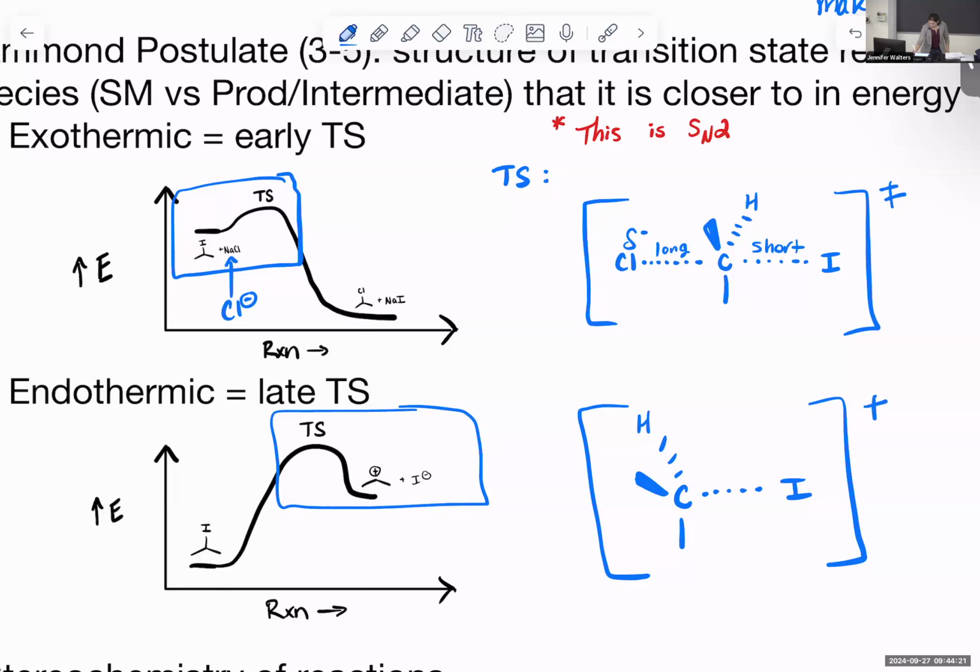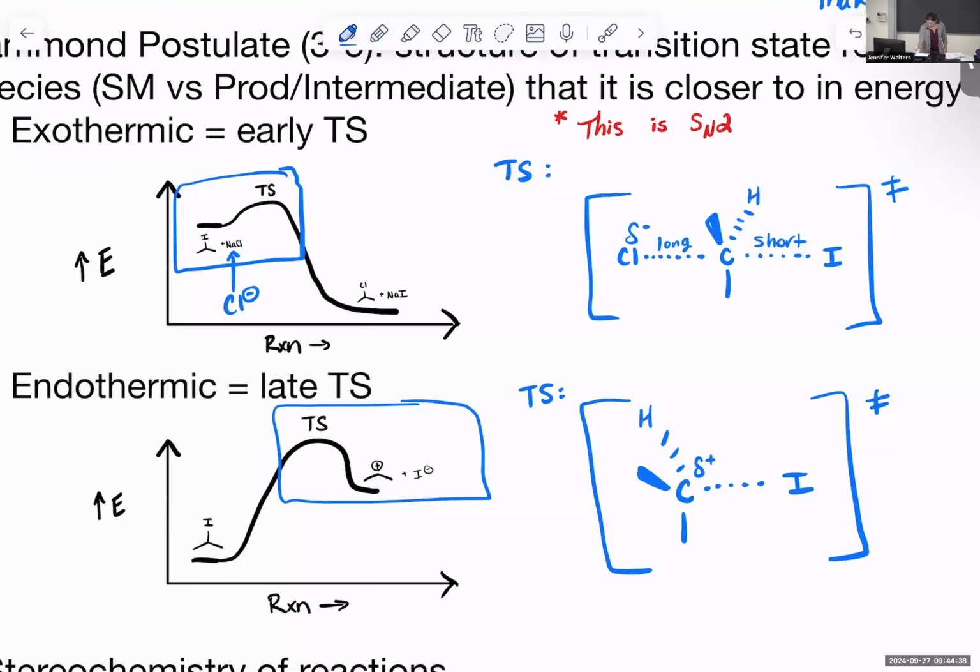And I need to look most like my products. So I start with the charges. In my products, that carbon has a formal positive charge, so in my transition state, it gets a partial positive charge. In my products, I see iodine has a formal negative charge, so in my transition state, that iodine has a partial negative charge.